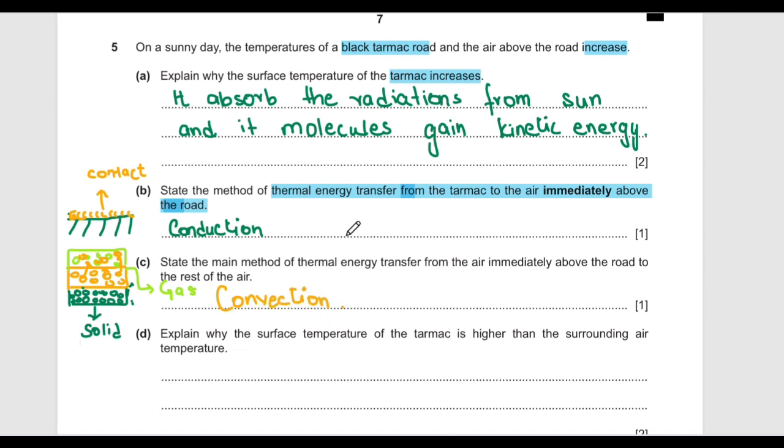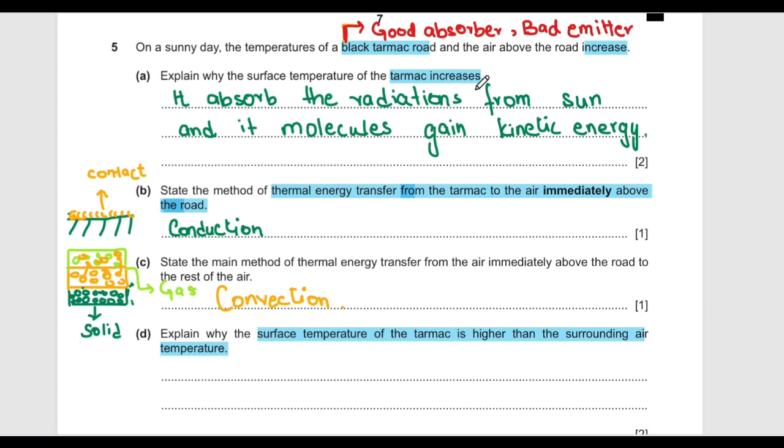D part is saying explain why the surface temperature of the tarmac is higher than the surrounding air temperature. We know the question has already told us that the tarmac is black in color, and black color is a good absorber as well as a bad emitter. So it will absorb the radiation from the sun very well.